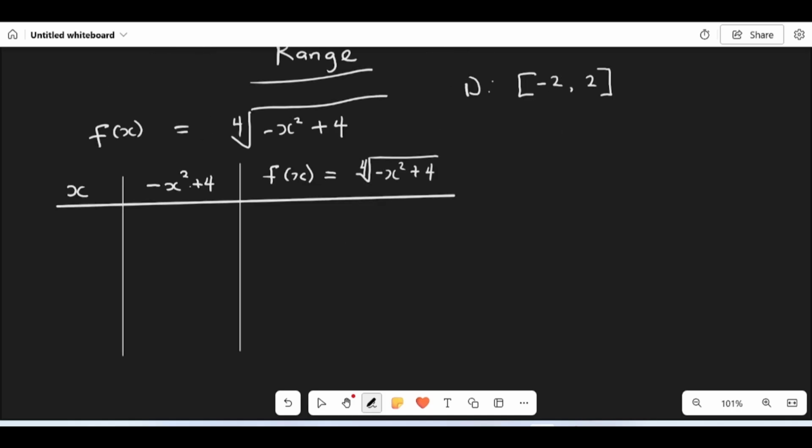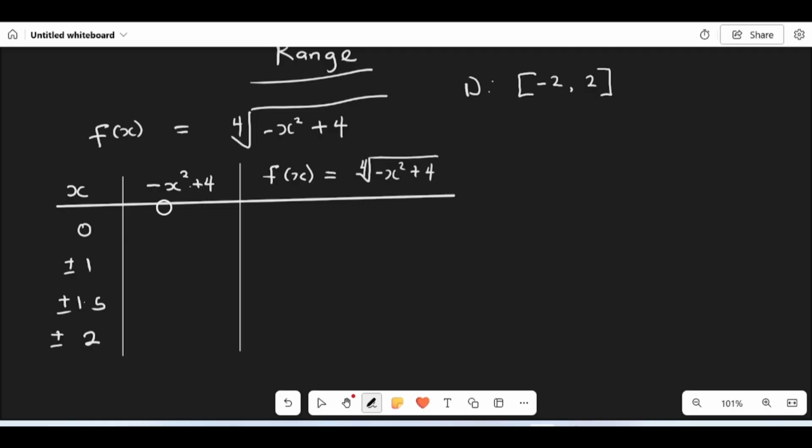Now let us pick some values within our domain. Let us start with 0, plus or minus 1, plus or minus 1.5 and plus or minus 2.